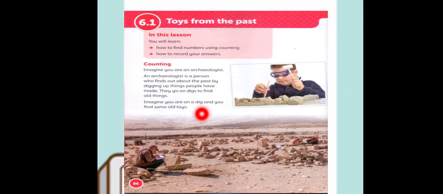Imagine you are on a dig and you find some old toys. Like most of the time, when we are arranging the cupboard when the season changes, we find old things from the pockets of jackets and sweaters, maybe a small packet of peanuts, or maybe money. In this way we find things from ancient times, from the past, how they lived and what sort of weapons and utensils they used.